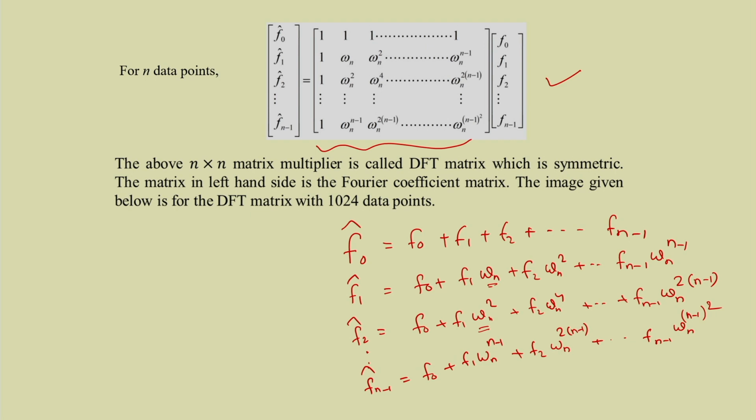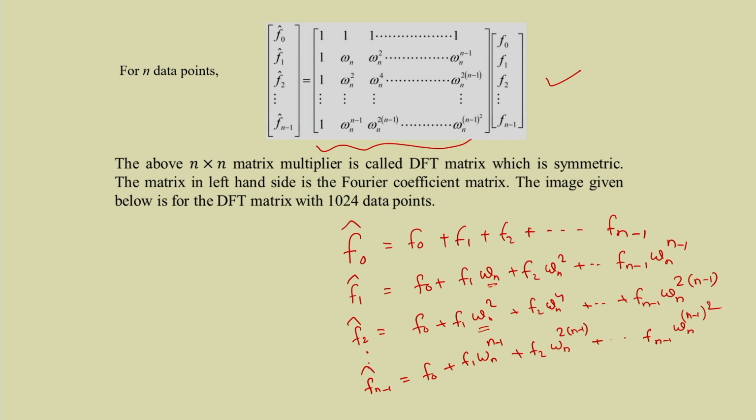So, if you have n data points, you can write down this f 0 cap, f 1 cap, f 2 cap and f n minus 1 cap in terms of this f 0, f 1, f 2 and f n minus 1 using this matrix.